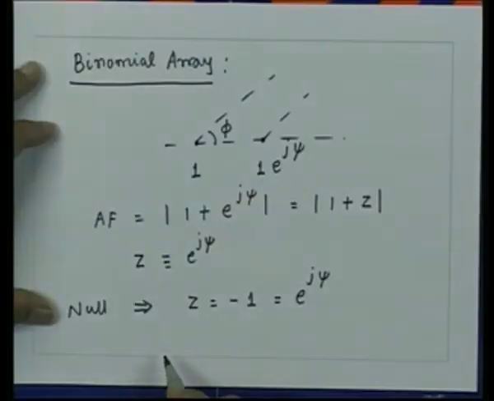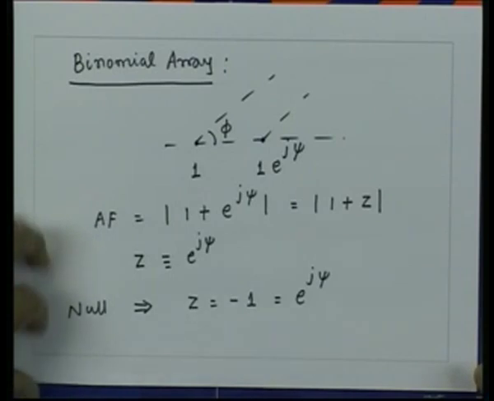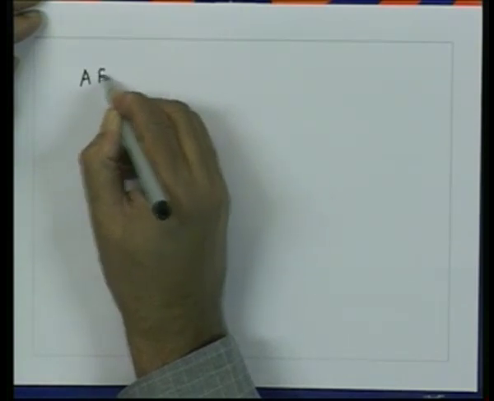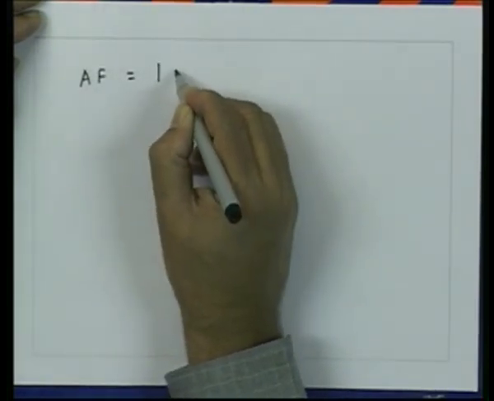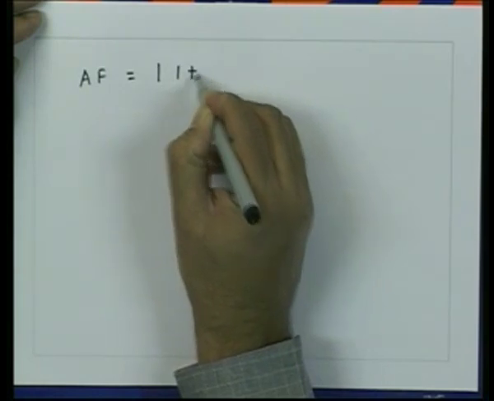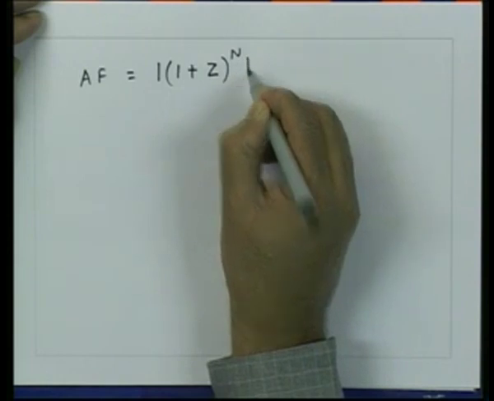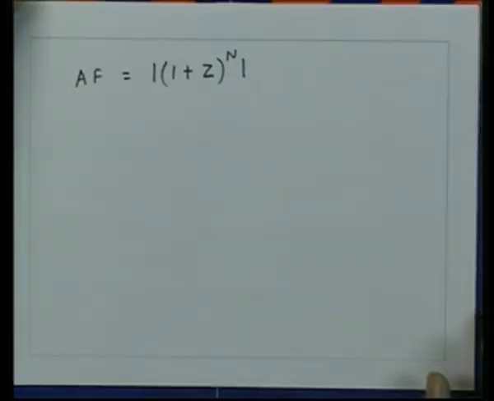So, if I consider now an array factor which is 1 plus z to the power n, we get the new array factor, 1 plus z to the power n.